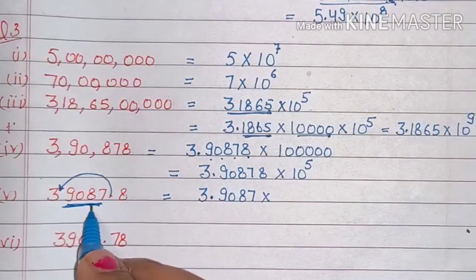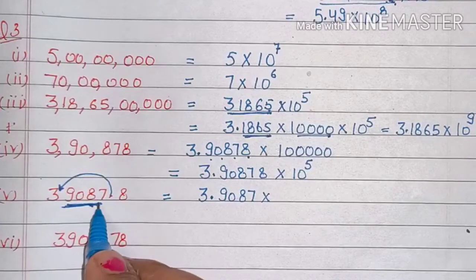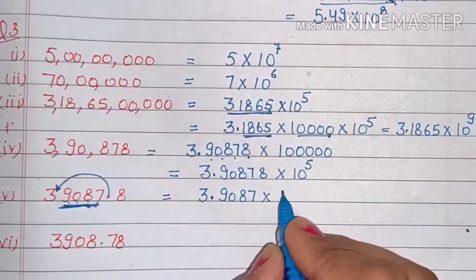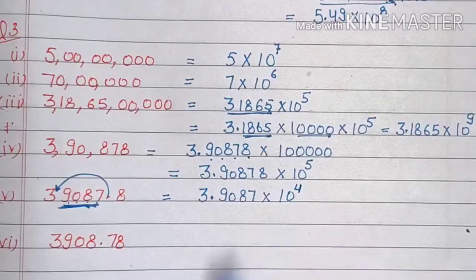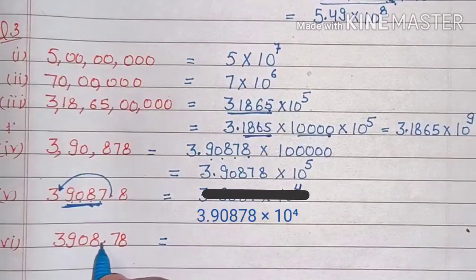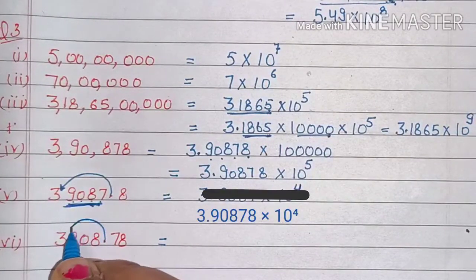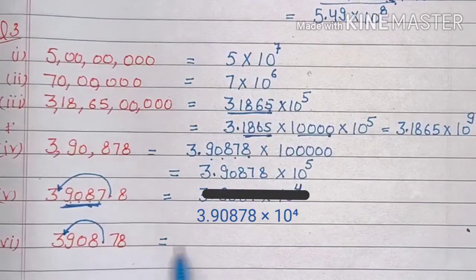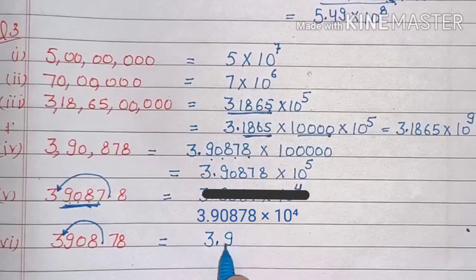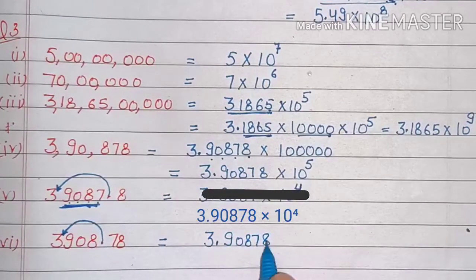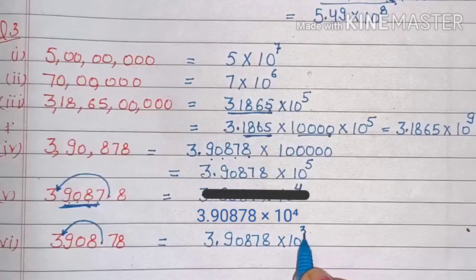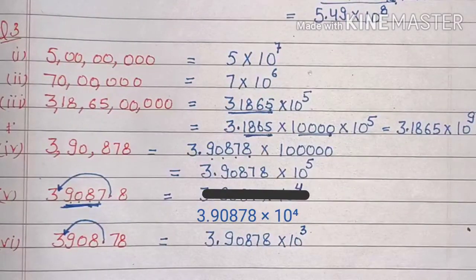Now how many places have we shifted the decimal? It is 1, 2, 3, 4. Therefore it will come 10 raised to power 4. And here the decimal will be shifted 3 places. So it will come 3.90878 into 10 raised to power 3. So this is question number 3 of exercise 13.3.